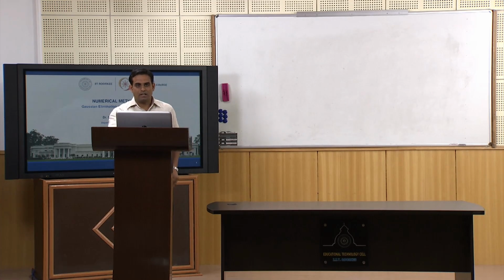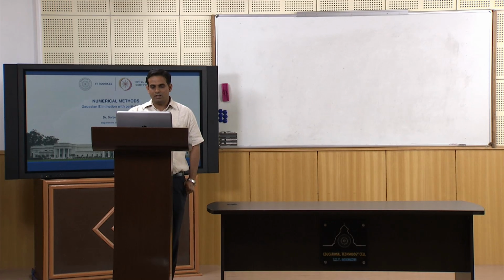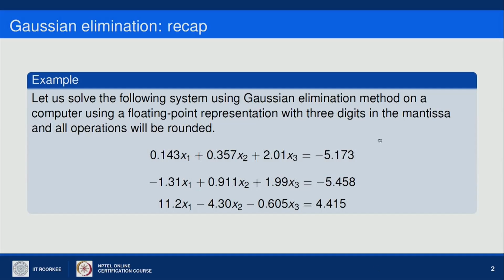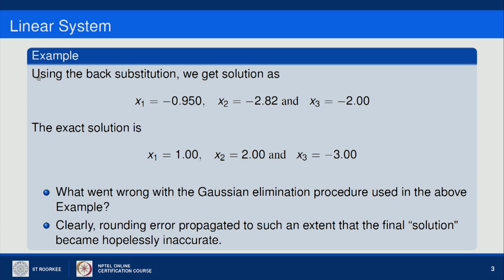So, in the last lecture we solved this 3 by 3 system of linear equations using the Gaussian elimination method, and after applying the Gaussian elimination and using back substitution we got the solution x1 equals minus 0.950, x2 equals minus 2.82 and x3 equals minus 2.00.